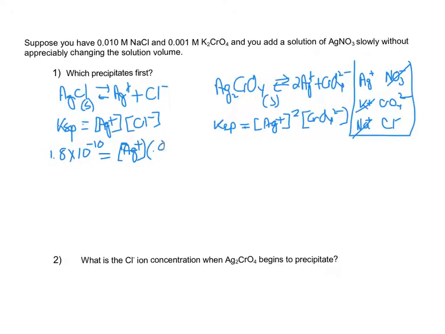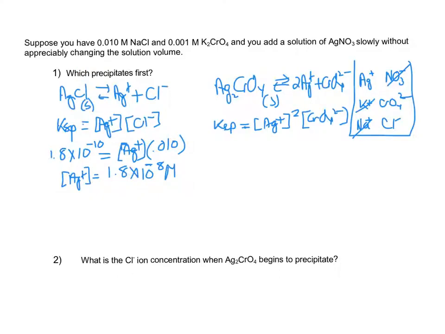It is 0.010 molar, and so hopefully you can do this one by hand. The Ag plus concentration would be 1.8 times 10 to the negative 8th molar. So when I reach this concentration of Ag plus, my AgCl starts to precipitate.